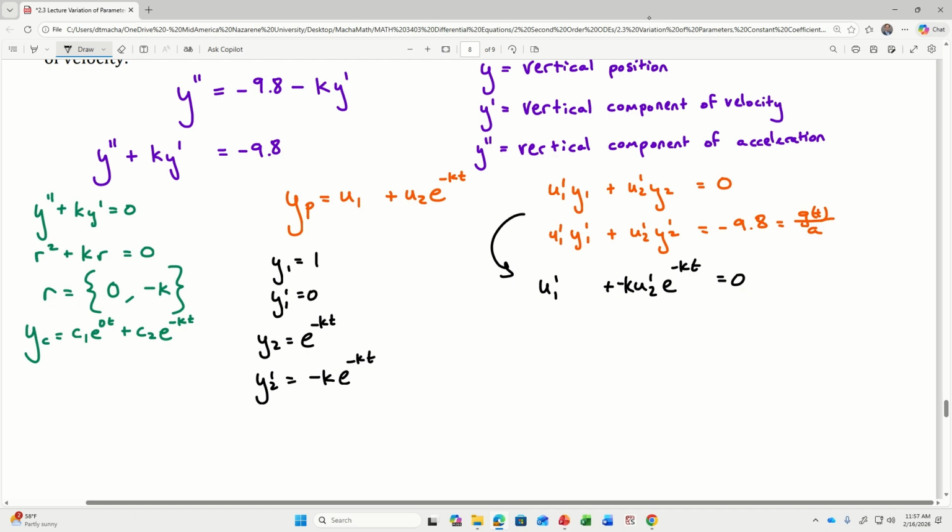And then my second equation is going to be u2 prime, oops, I put that negative k in the wrong spot. So I can solve the second equation for u2 prime pretty easily. Two negatives make a positive, and then I get something like 9.8 over k e to the kt.